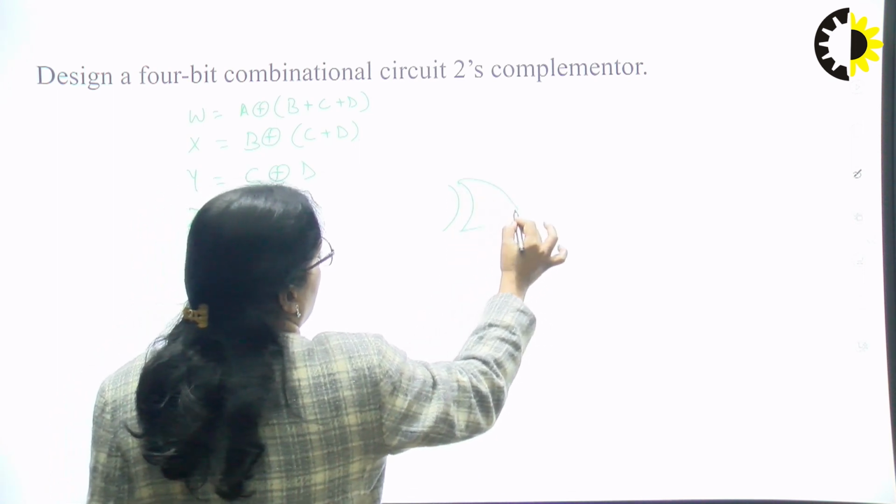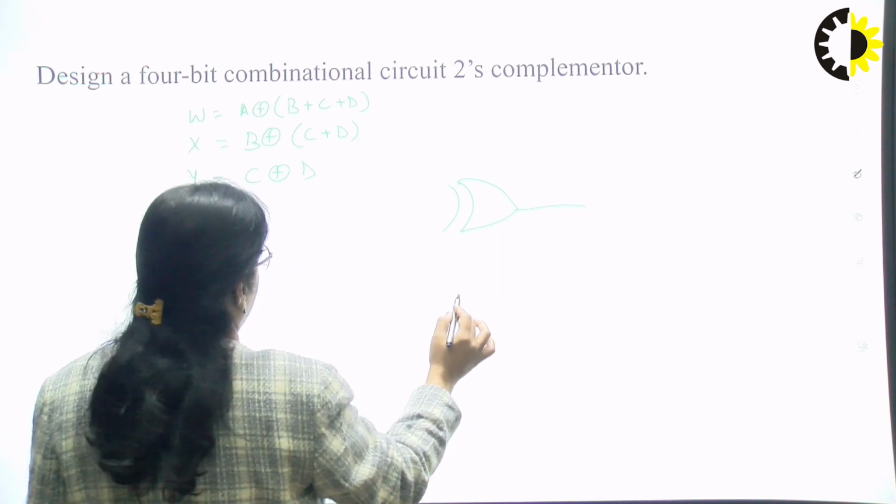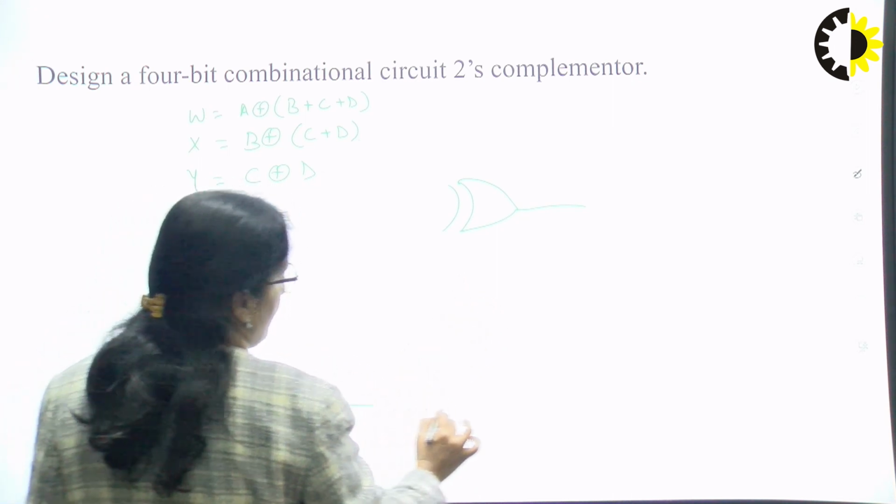Then we have to draw the logic diagram. So we will need 4 XOR gates. Z is D, something like this.